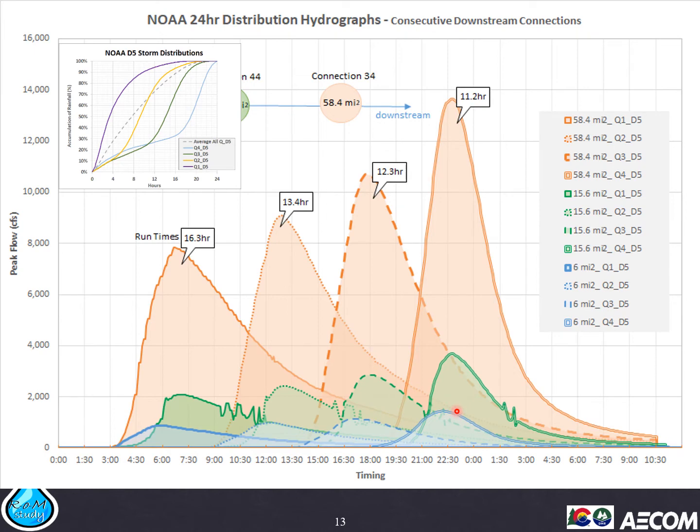And what you're seeing here in these differences of the peak discharges is almost exclusively related to that natural watershed storage effect, where your quartile 4 has had more time, more volume applied beforehand, so you have greater consumption of that storage, so you have a higher peak. However, in the smaller drainages, like the 6 square mile, there's less of that effect because there's less storage, less watershed area.